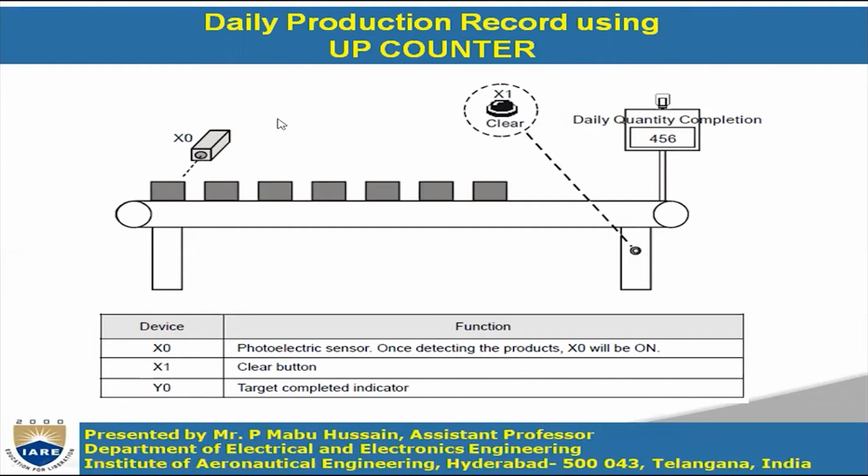So there are two inputs, X0 and X1: one is the photoelectric sensor, another is the clear button. And what is the output? Whenever the target is reached, the alarm has to glow or an indicator has to display. So one output will be there.